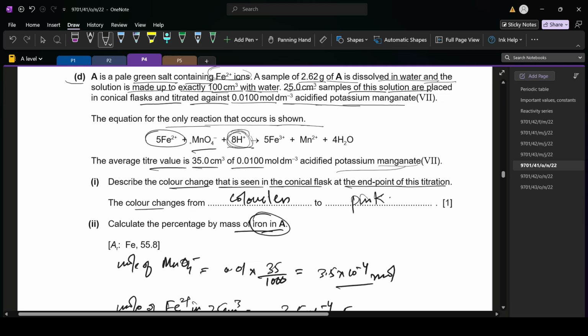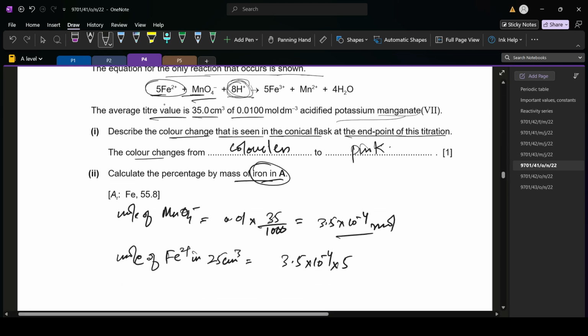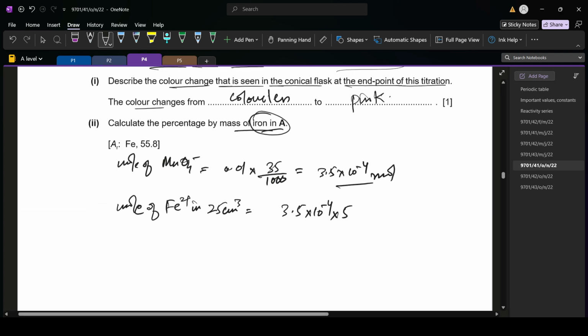Why 5? Because in the equation you can see that the ratio is 5:1. 1 mole of MnO4- reacts with 5 moles of Fe2+. So the moles of Fe2+ ions in 25 cm³ will be 1.75 × 10^-3 moles.